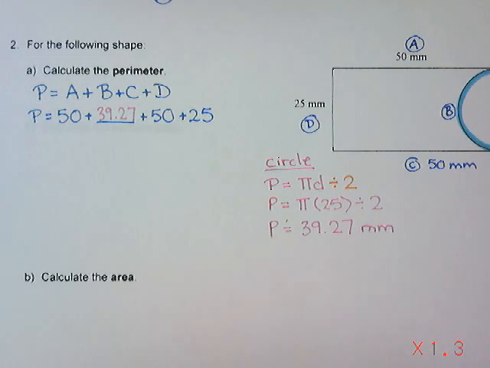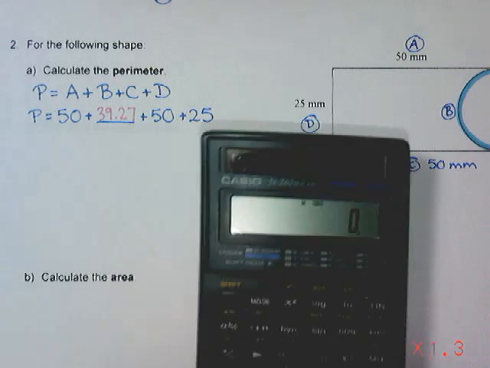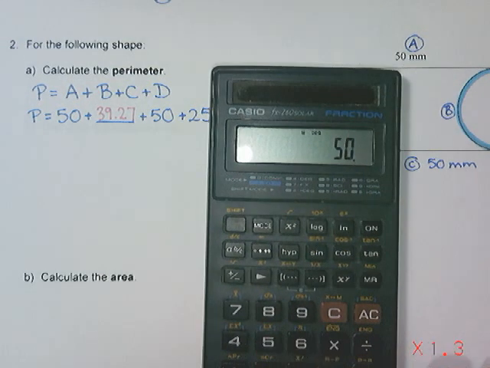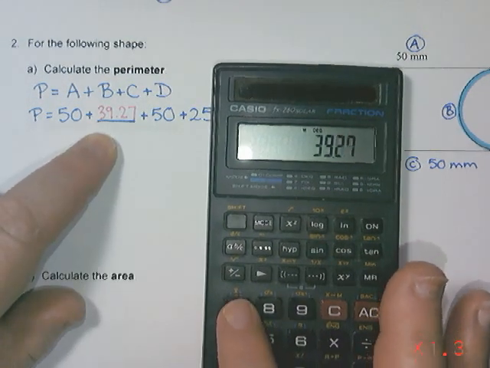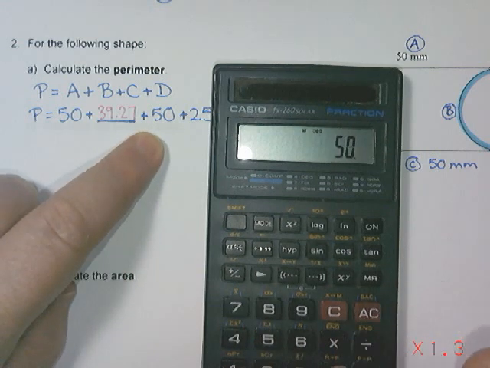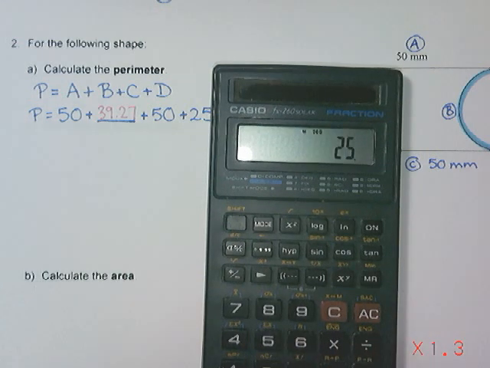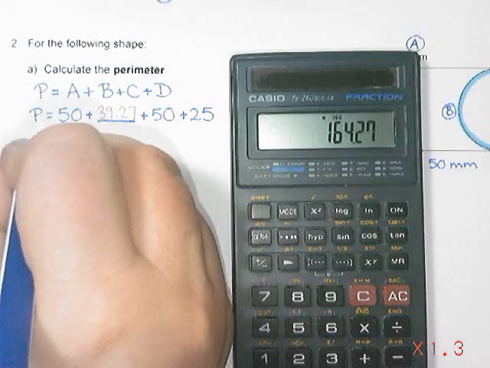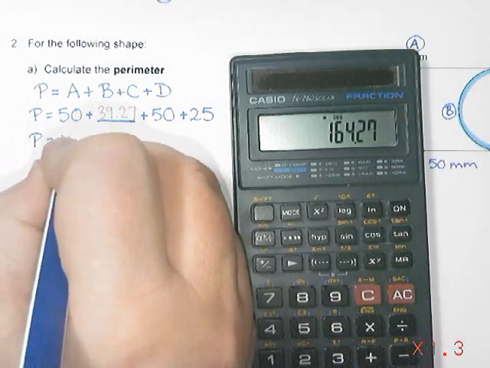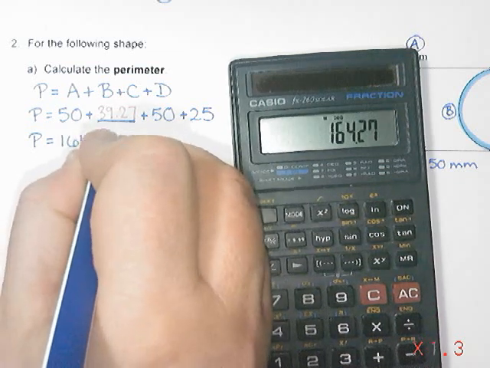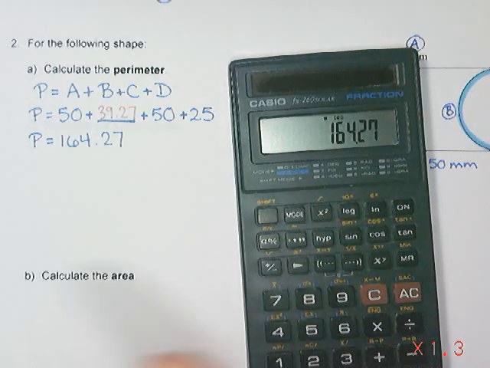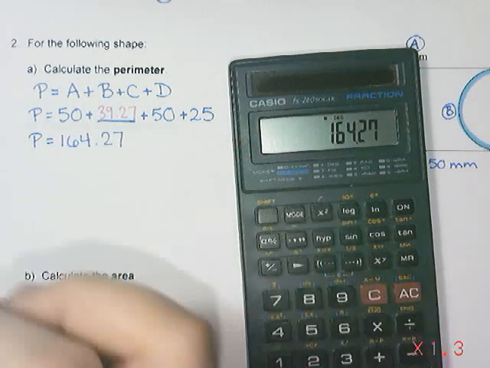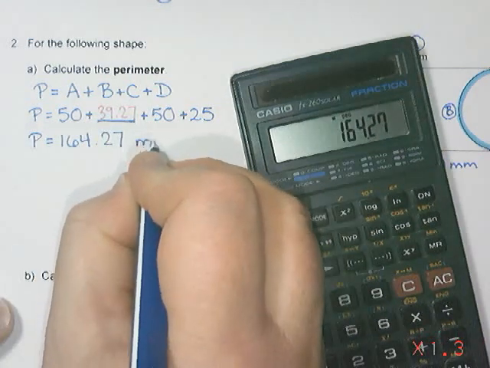And then we're just going to add all of that together. So 50 plus 39.27 plus 50 plus 25 is 164.27. Now, perimeter is still just distance, so it's also just millimeters.